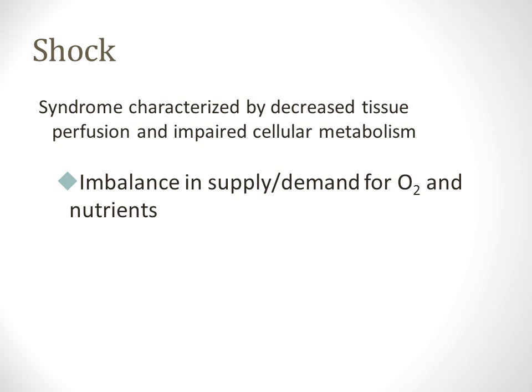Now, in order for that metabolism to happen, the sugar to break down, we can synthesize this ATP aerobically, and that is the most efficient way, or anaerobically, a much less efficient way to produce ATP.